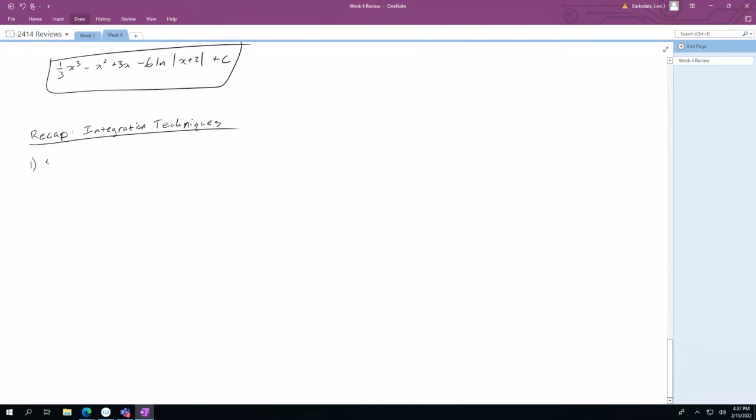So first off, you want to try and simplify the integrand. Cancel things if you can. Do long division like we just did, things like that. So what can you cancel? What can you divide? Basically, how can you make the problem look nicer? Well, from there, you usually want to try and make a nice substitution.